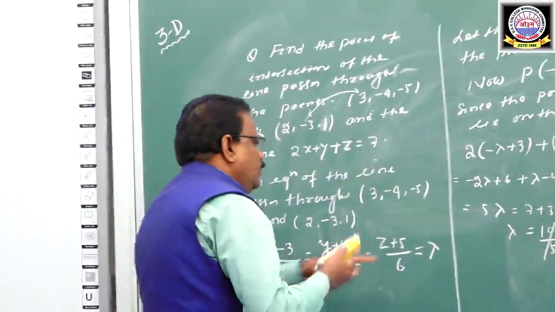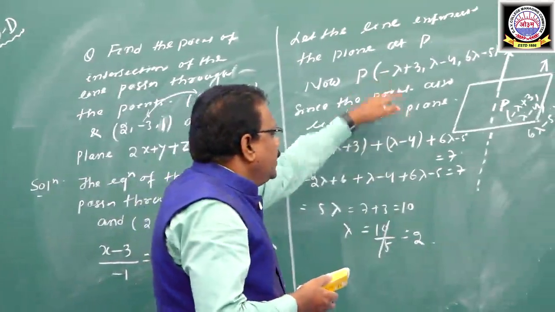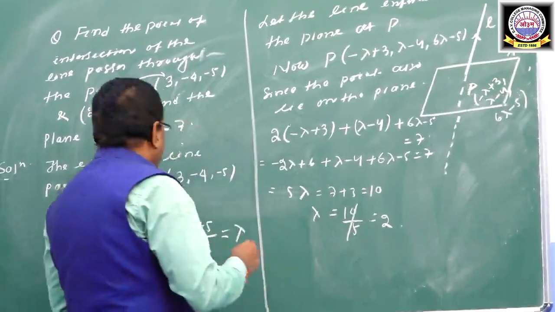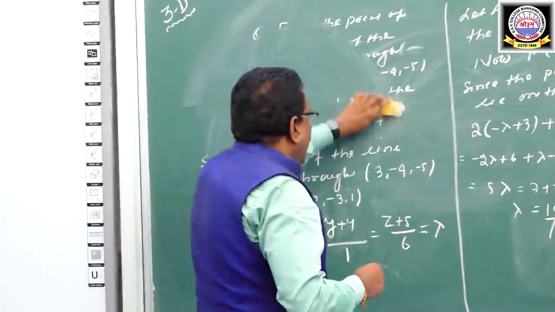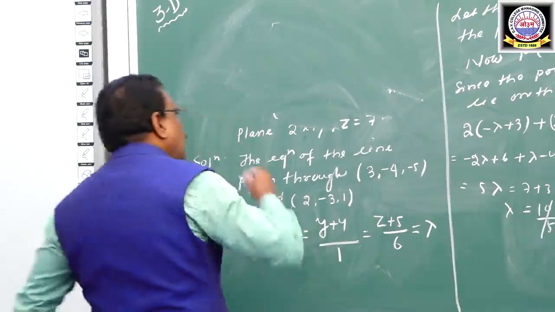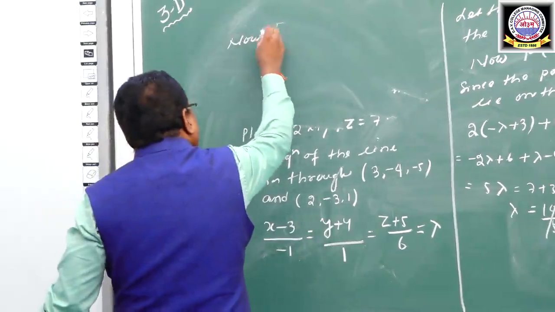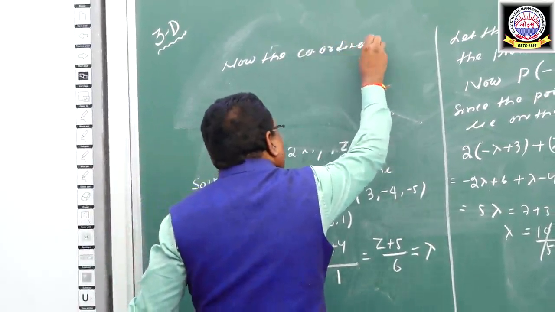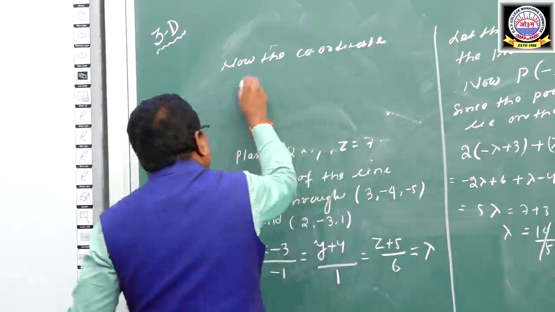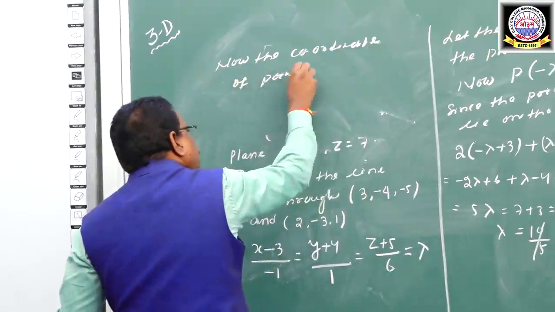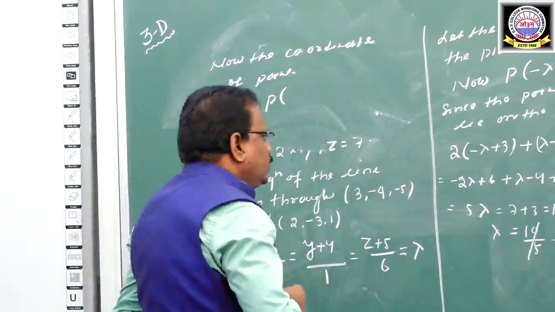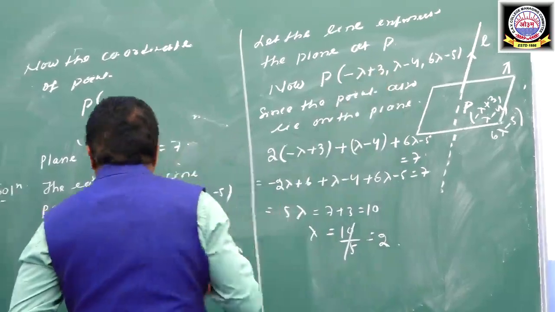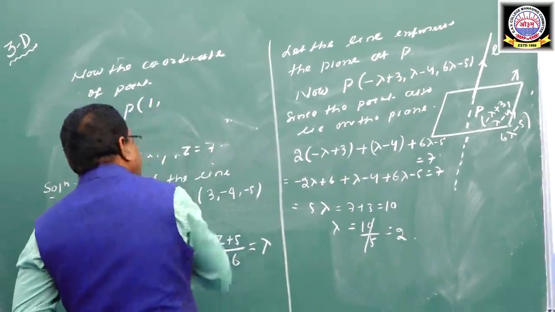Now put the value of lambda in these coordinates. So if you put this value of lambda in the coordinates, what will I get? The coordinates of the point P, lambda is equal to 2: minus 2 plus 3, that is 1.